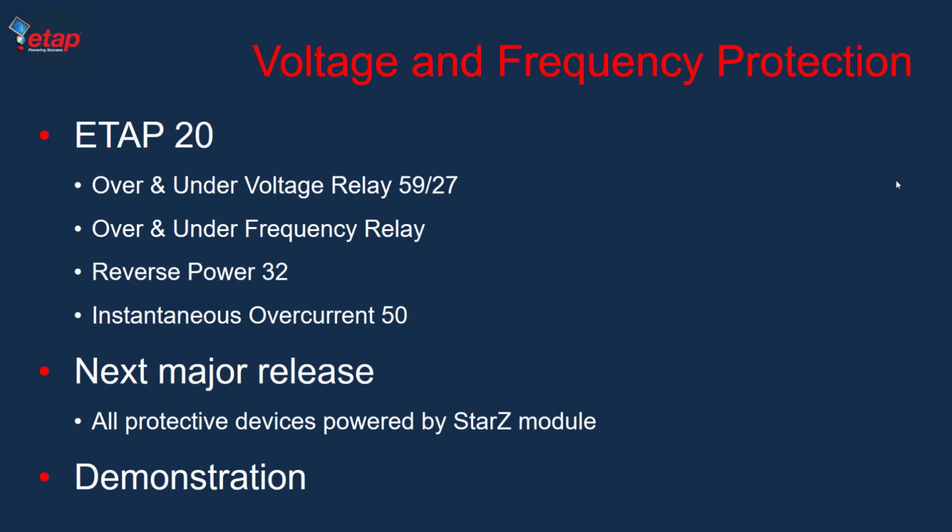In the next major release, we support all protective devices powered by our advanced protection module called StarZ. So let's have a quick demonstration of how these protections, which are part of the interconnection studies, can be modeled in ETAP, and how we can use this to do the study.